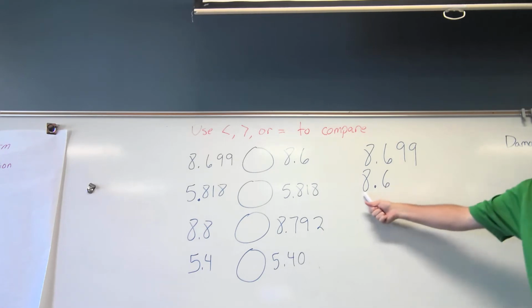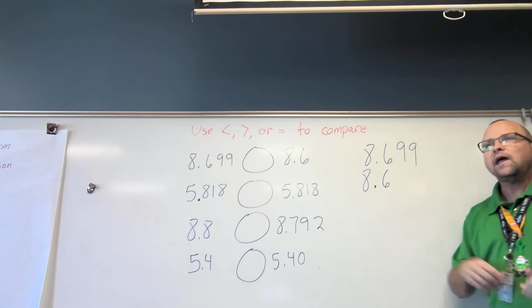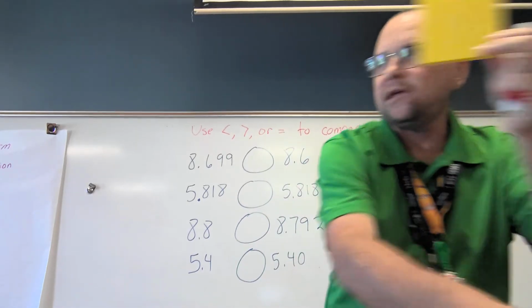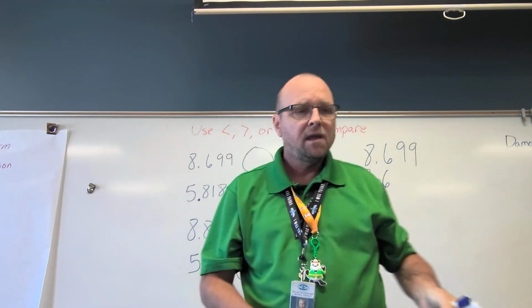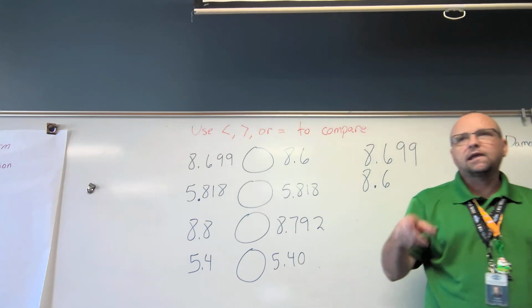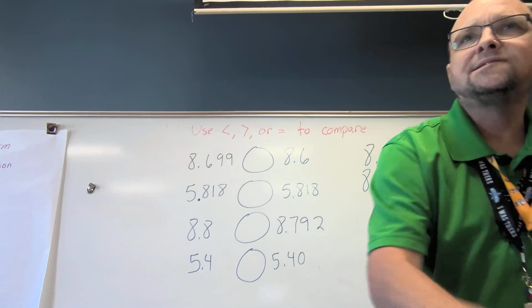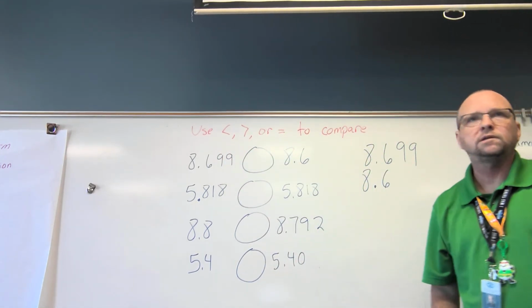We have 8 and 6/10. Well, if you had 8 and 6/10, so you had 8 of these and 6 of these on your desk, and Mr. McMurdo said, all right, I'm going to come by and give you 0 hundredths, I'm going to give you 0 of these. Does that change what you have on your desk?